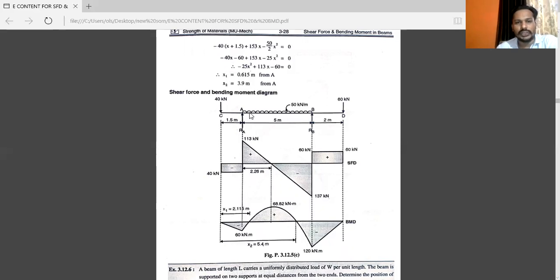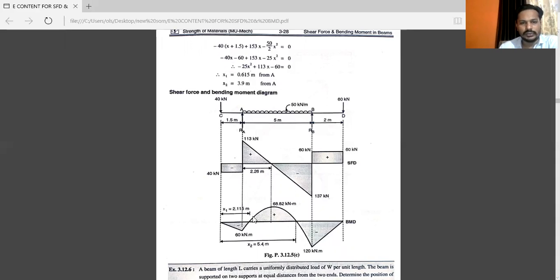Now in this equation, there is only one unknown, that is X. So we can calculate the value of X, that is 0.615 from A.